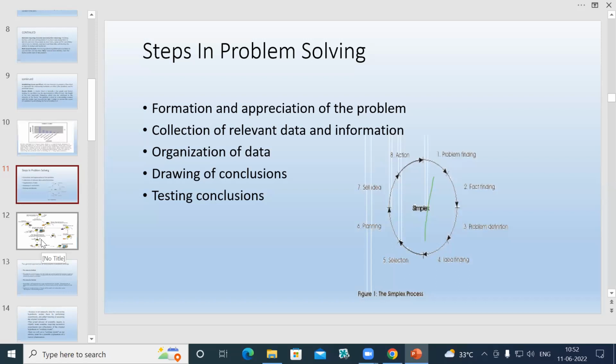You can find this step as the confrontation with the problem, or you can say understanding the problem. In some of your teaching learning material, you may find this step divided into two steps. First is the confrontation with the problem, second is the understanding, but here I have compiled it as formation and appreciation of the problem.